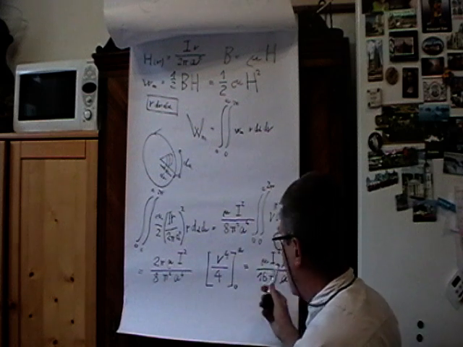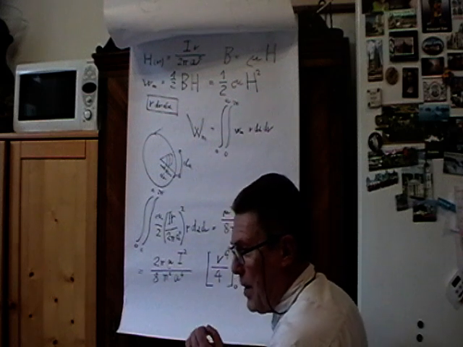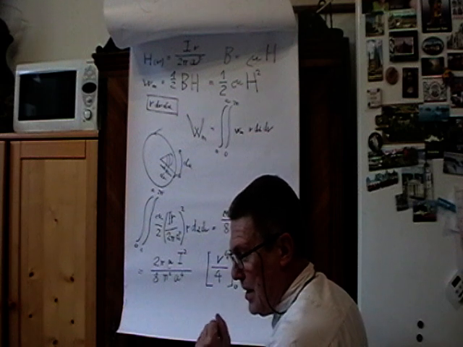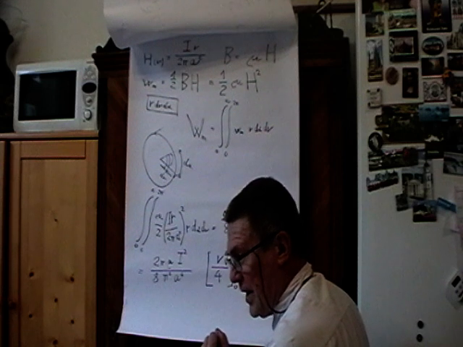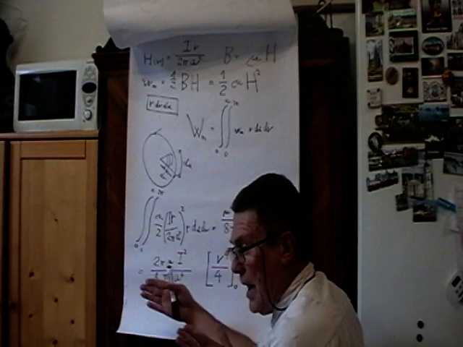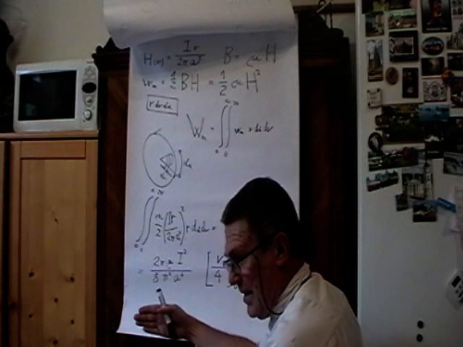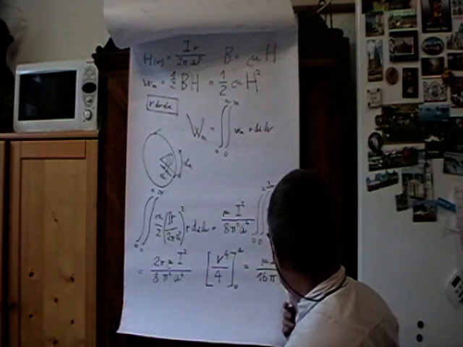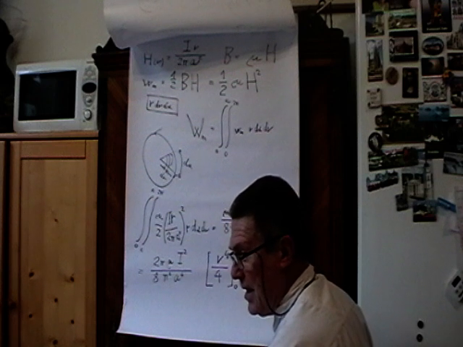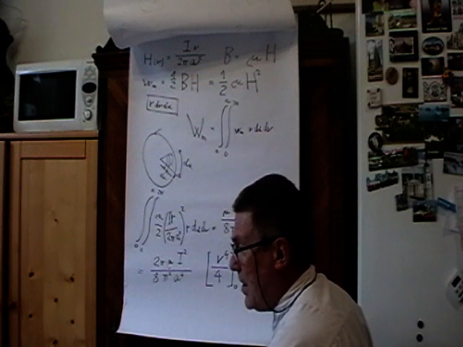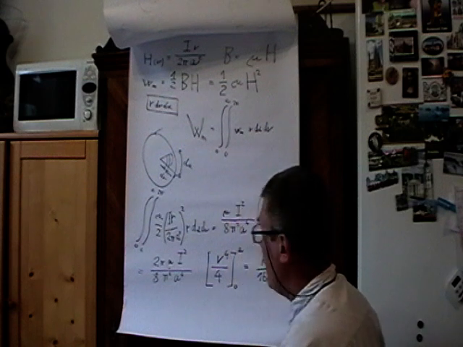Now this is the total energy of the magnetic field that is caused by a current uniformly distributed in a conductor with circular cross-section and at 1 meter length. So this is the energy inside that conductor, the energy of magnetic field.